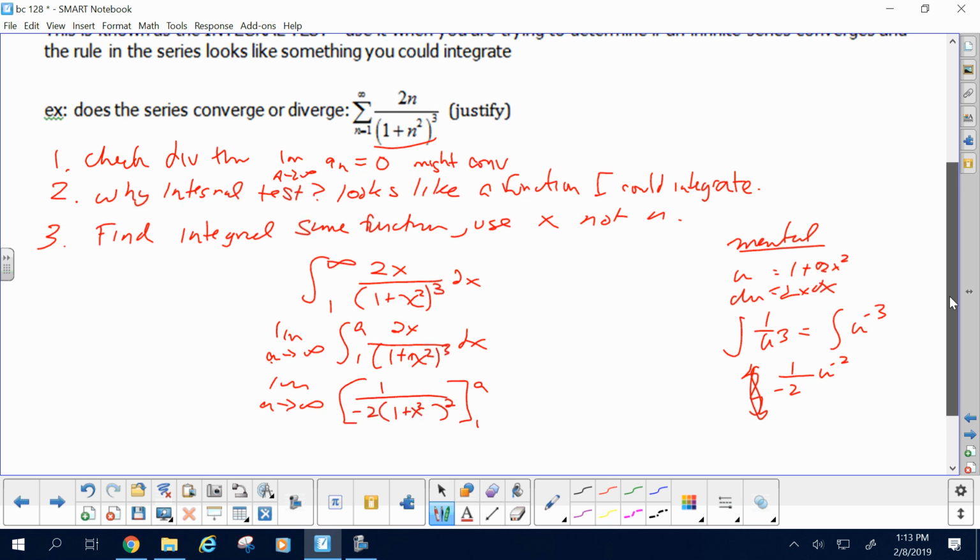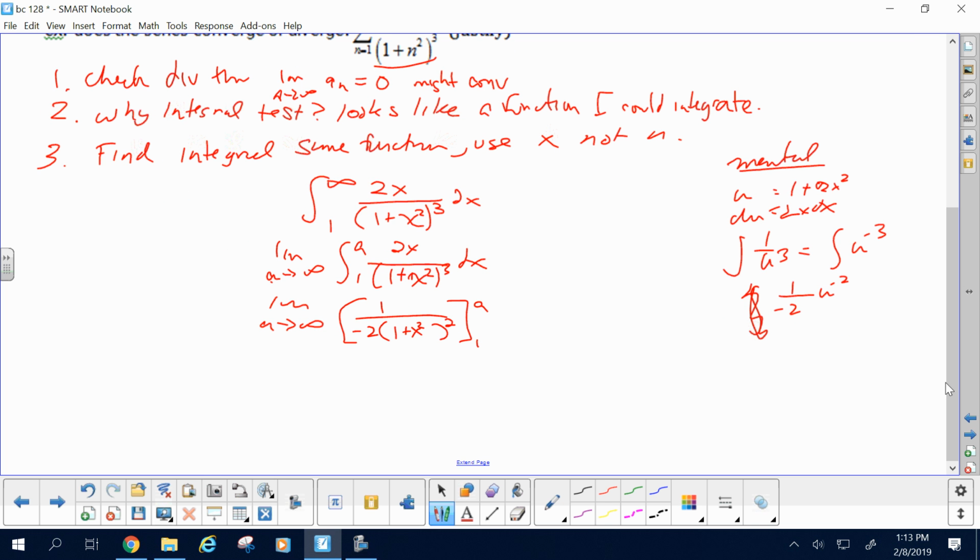Yes. All right. If we evaluate the limit, then I get 1 over negative 2 times (1 plus a squared) squared plus 1 over 2 times (1 plus 1 squared) squared. What does the first fraction go to?